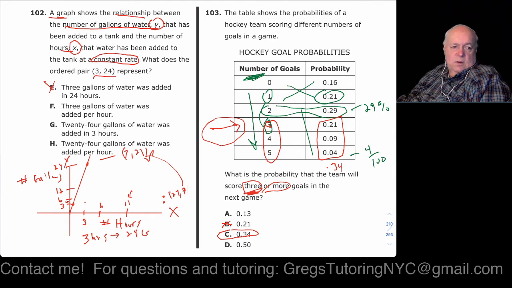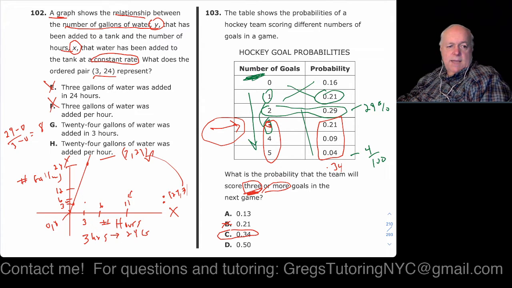In fact, we know from this, if this is 0, 0, we know that if we were to compute the slope of that, we would get 24 minus 0 over 3 minus 0. And that's just 24 over 3, and that's 8. So it would be 8 gallons of water per hour. All right, so it's not F. Okay. G.